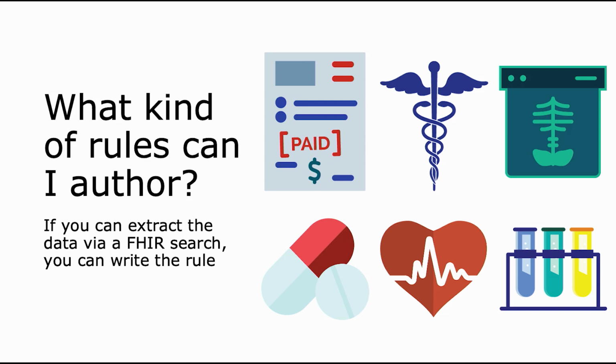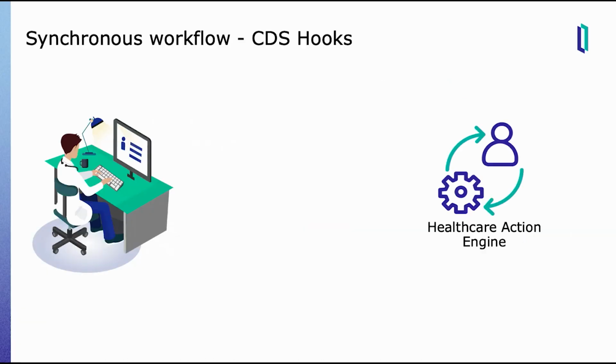There are 142-ish FHIR resources, so essentially anything that the FHIR search parameter supports, we can dig up, given that you actually have data in that format.